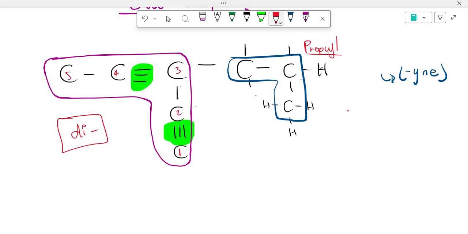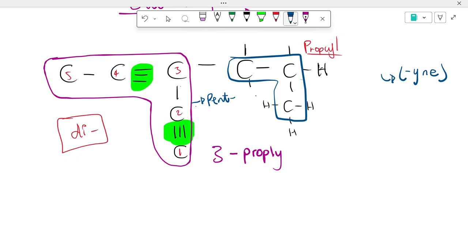Terrible handwriting there. So what will the name of this compound be? The name of this compound will be 3-propyl. What is the prefix? Since I have 5 carbons in the longest chain, the prefix is pent, right?